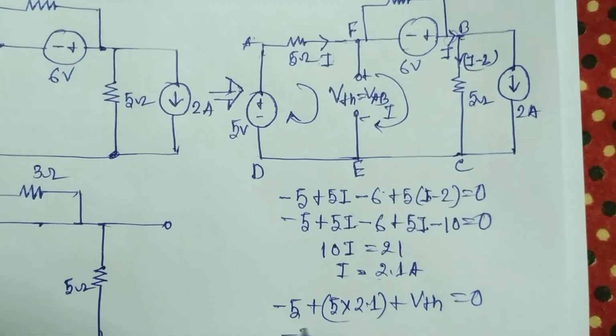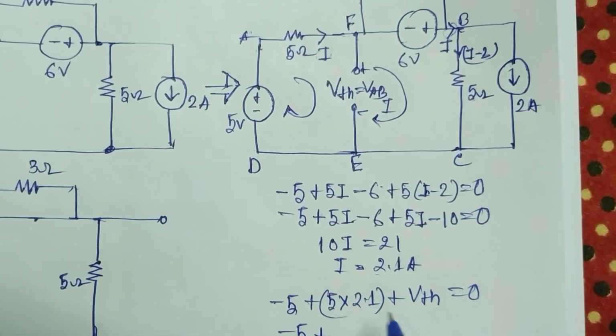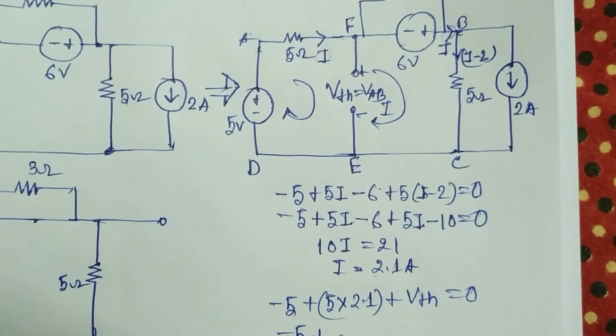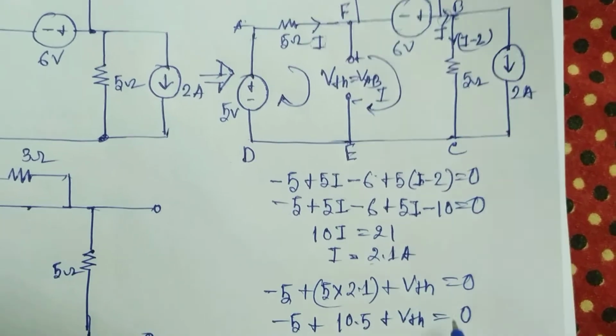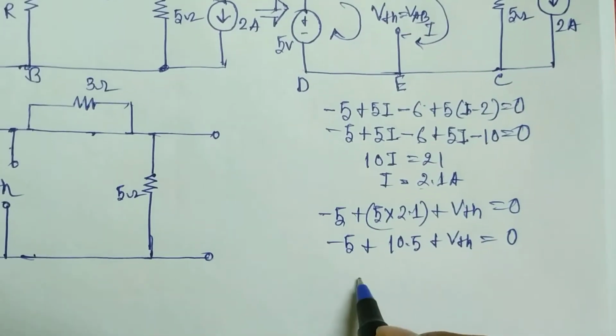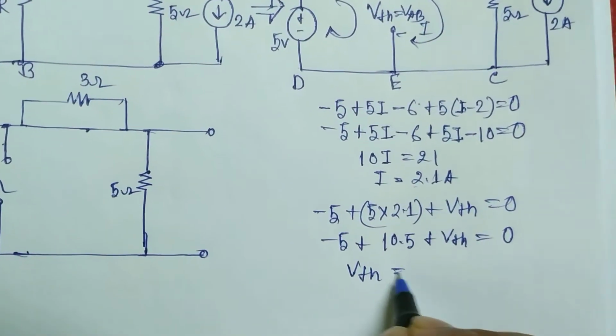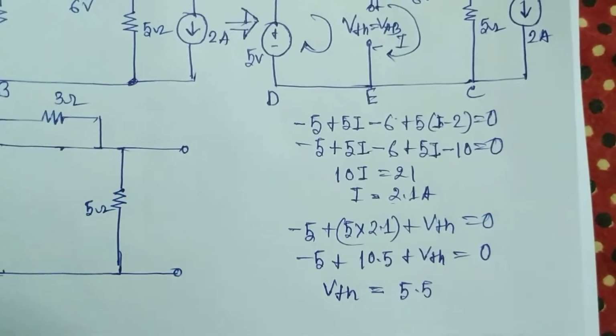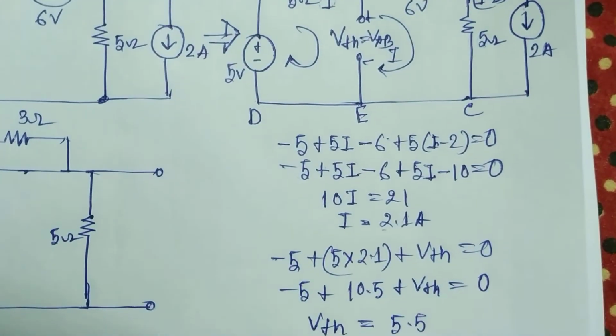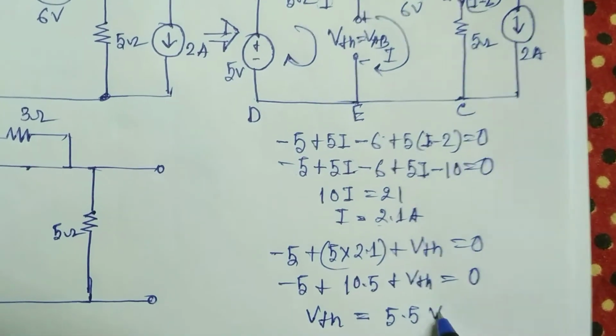So minus 5 plus 10.5 plus VTH equals 0. Now VTH will be 5.5 volt.